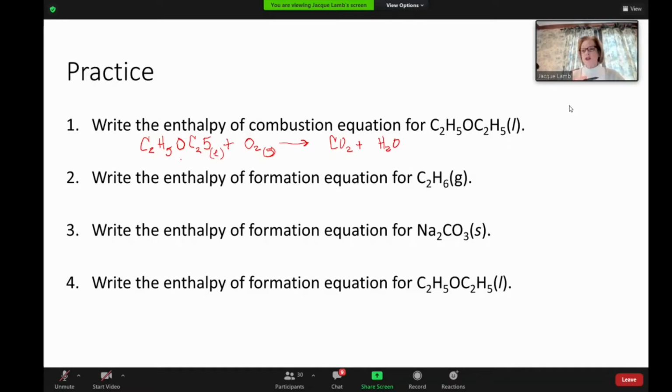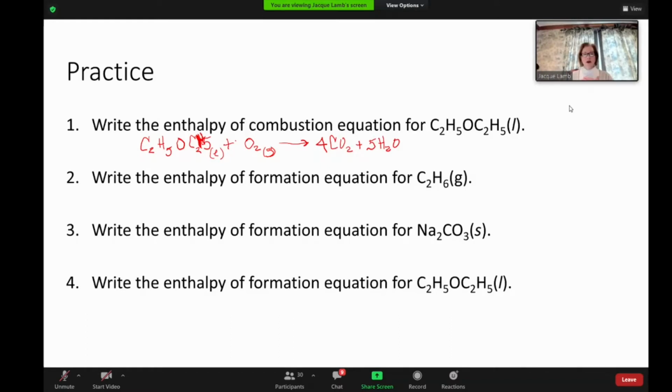One oxygen can come from the diethyl ether. So we have 8 plus 5 is 13, minus 1 is 12. We need 12 oxygens from the O2. So there's your 6 O2.